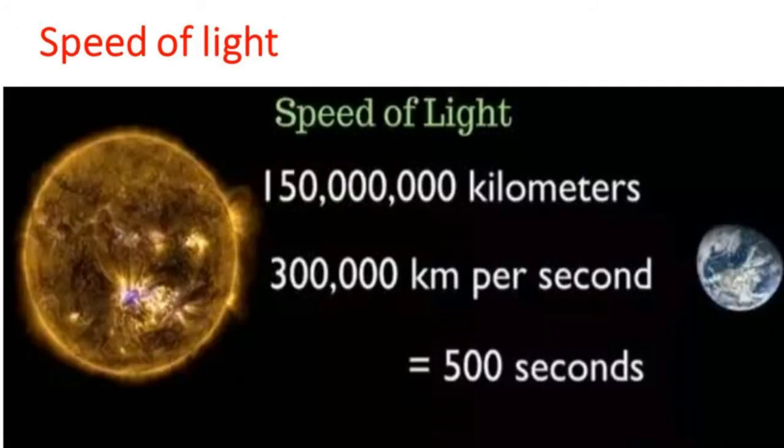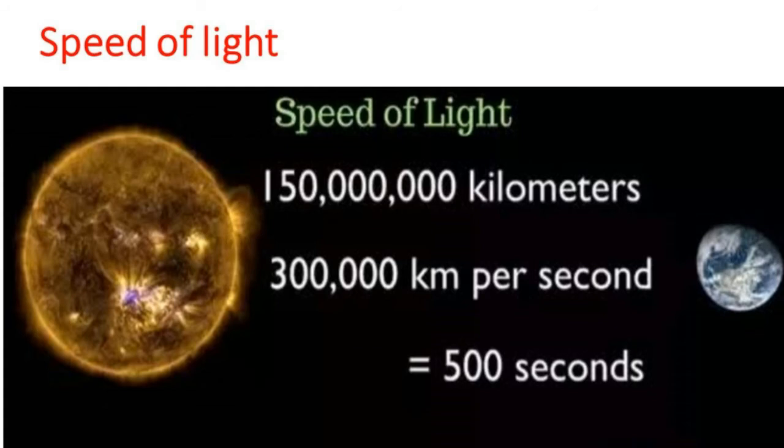Speed of light. In the early 17th century, the Italian scientist Galileo Galilei tried to measure the speed of light. In 1665, the Danish astronomer Ole Romer first estimated the speed of light by observing one of the 12 moons of the planet Jupiter.